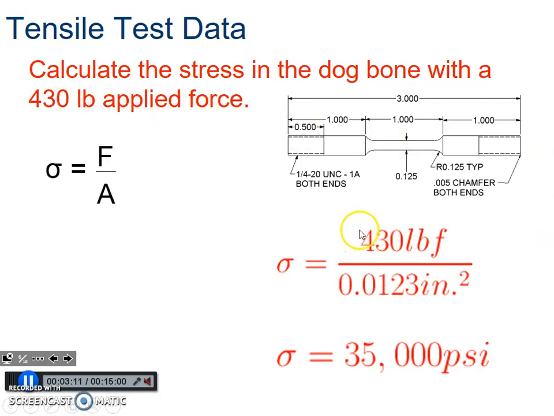Well, you take the 430 pounds over the cross-sectional area, which is circular. So you take 0.125 squared times pi, and that's going to give you this. You calculate that, and it comes out as 3,500 psi of stress.